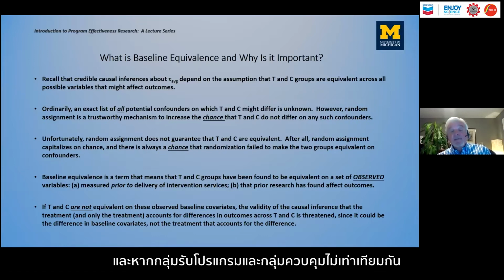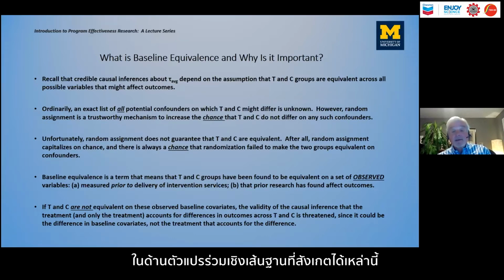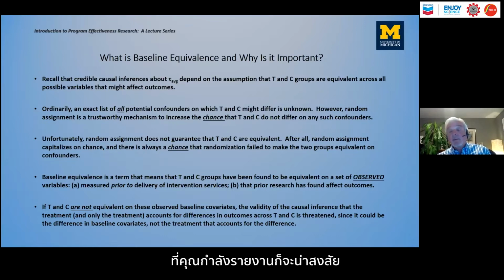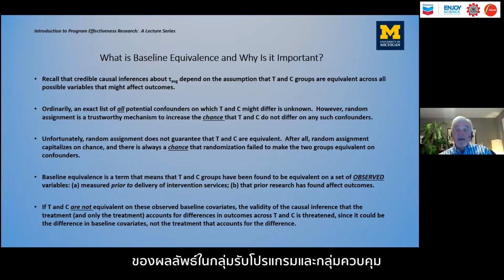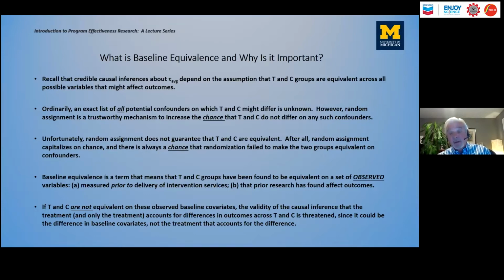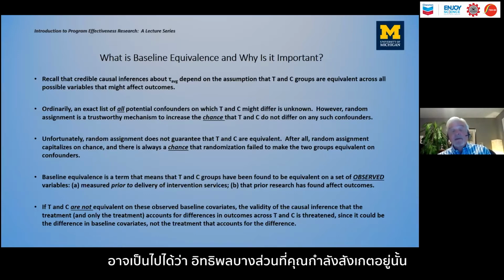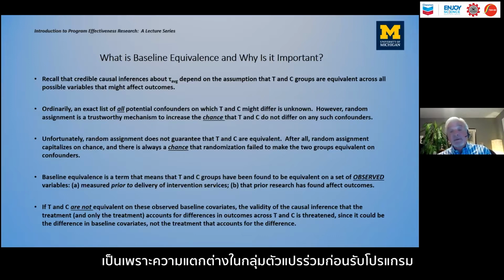And if the treatment and control group are not equivalent on these observed baseline covariates, then the validity of the causal inference that you're reporting is questionable, because it might not be that treatment and only treatment accounts for the differences in observed outcomes across treatment and control groups. It might be that some of the effect you are observing is due to differences in pretreatment covariates.